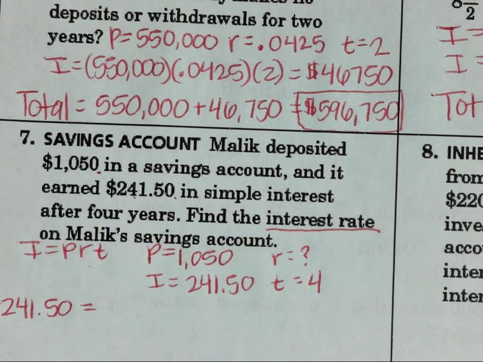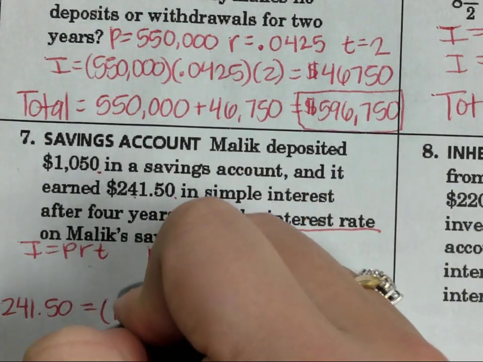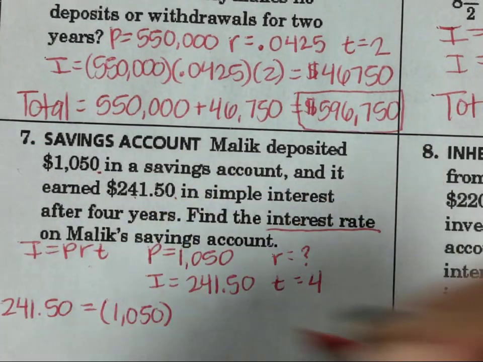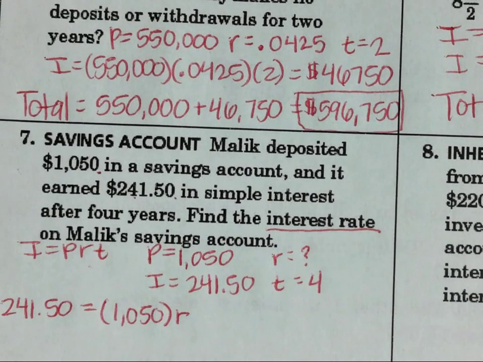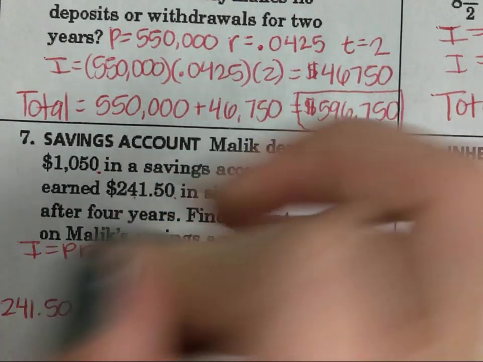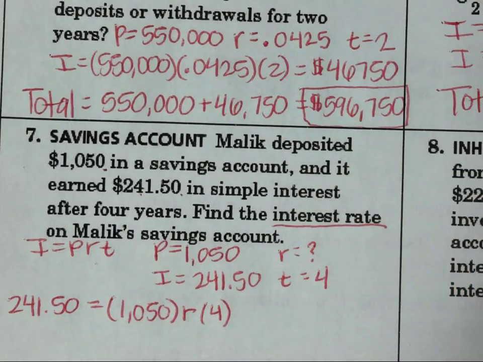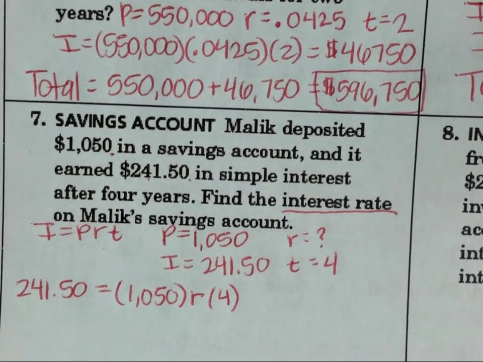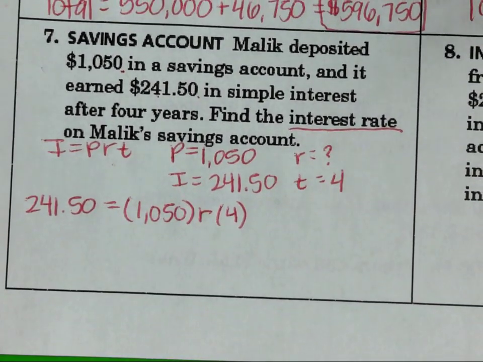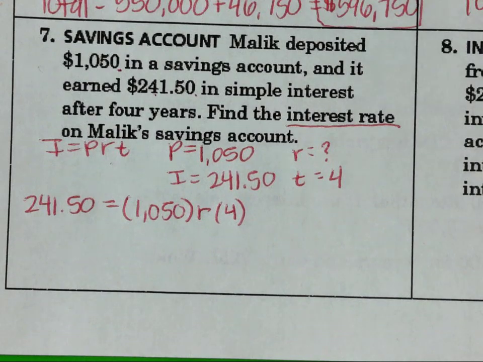So that equals P times R times T. So P is 1,050. R I don't know, so I'm just going to write it as R. And then T is 4. So I'm still using the same exact formula. I'm just solving for R this time instead of solving for I like we're used to.